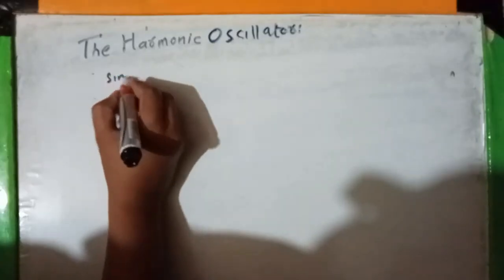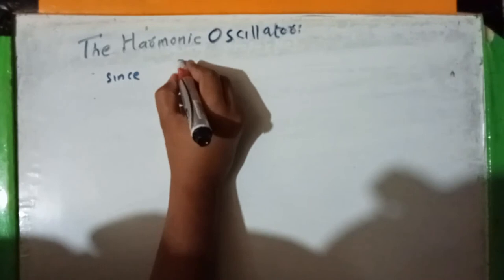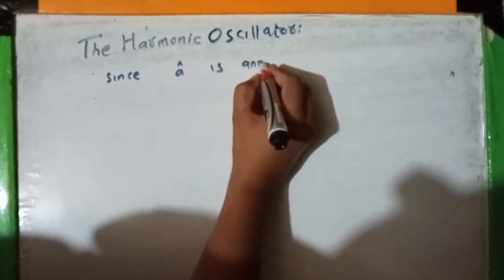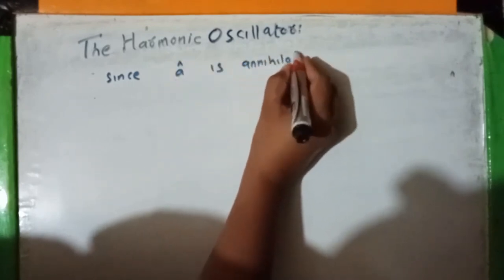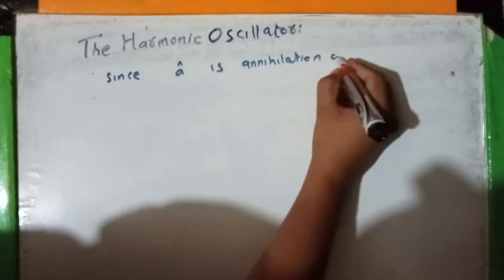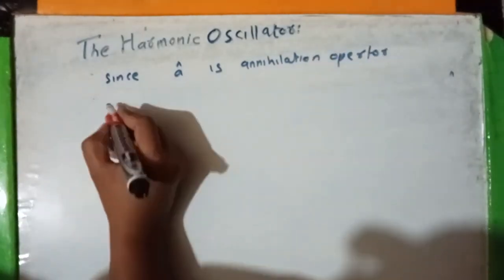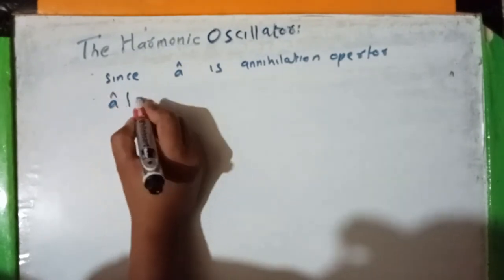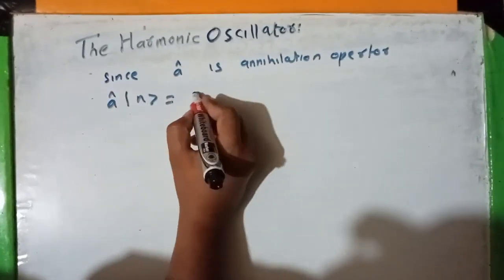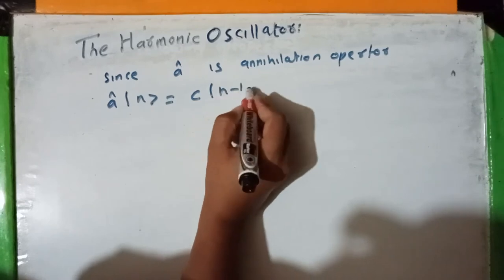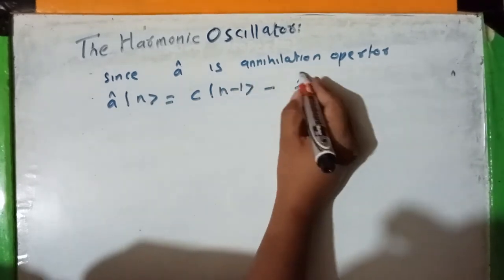Since a is the annihilation operator, when a acts on any state n, it lowers the state to n minus 1, times a constant C. This is equation number 2.